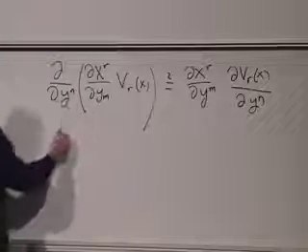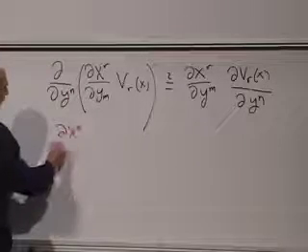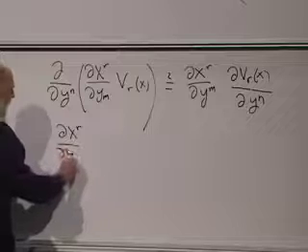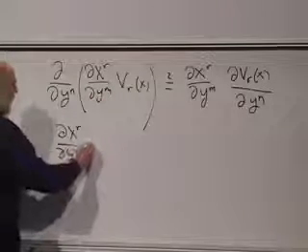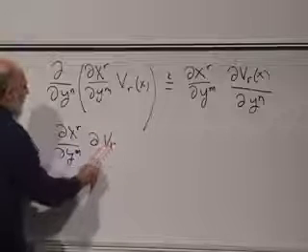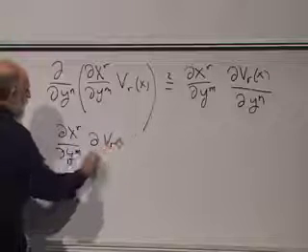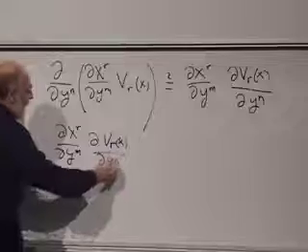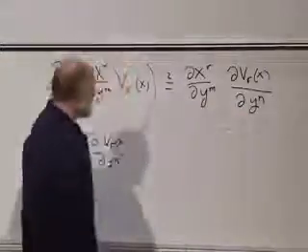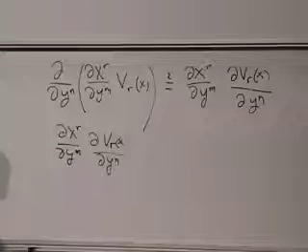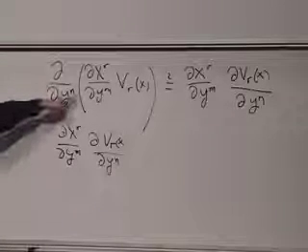It'll give me the term dxr by dym times dvr of x with respect to yn. That's exactly what I have here. Looks good. But it's not good because it's only one of the terms when I take the derivative here.